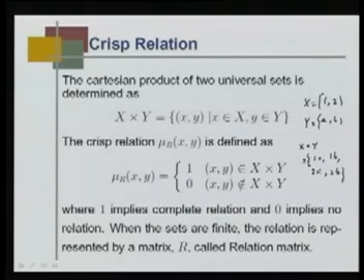Now, when I say relationship, if 1 has no relationship with A, then the membership function mu r x y associated with this is 0, because that means 1 is not related to A. But if 1 is related to B, if the relationship is there, then we associate 1 with this.